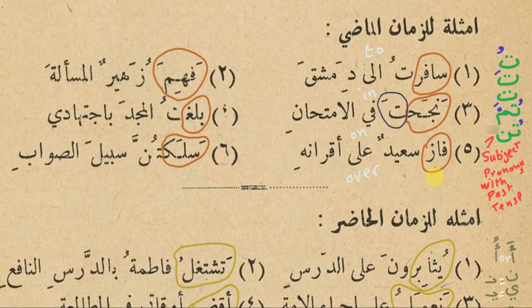سلكتن. So these here are the prepositions to, in, on. So these will become important to give you clues. If you look at the text, you can distinguish the nouns from the verbs just by knowing what these are.